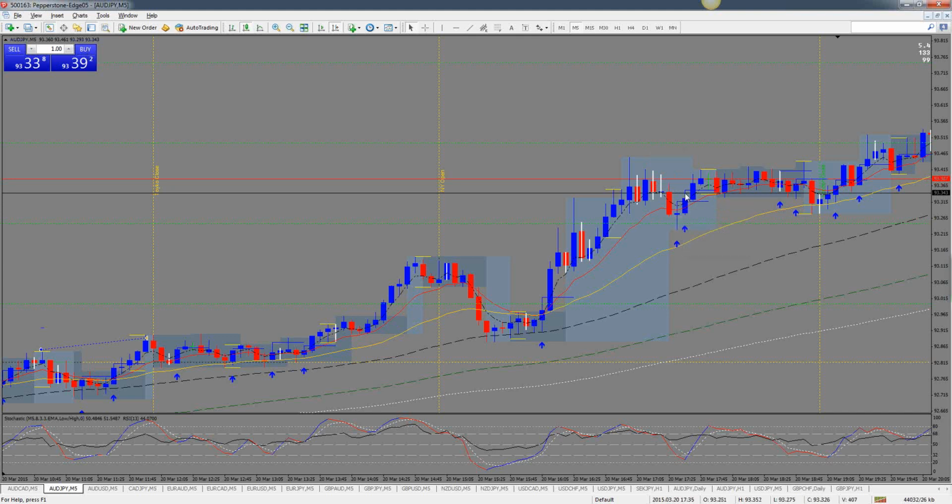My stop loss would be the next big low, or the next low, which this one would have just been created at this point. So this would have been the swing low from here. So my stop would have been 9 pips. My estimated take profit would have been 13.8 pips.